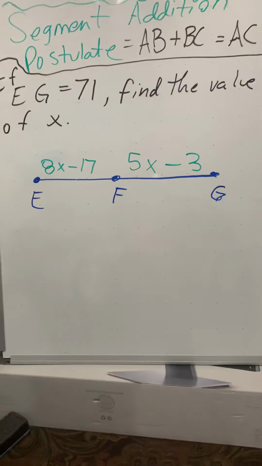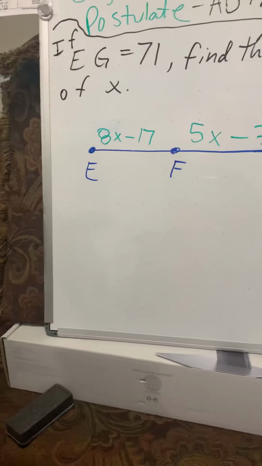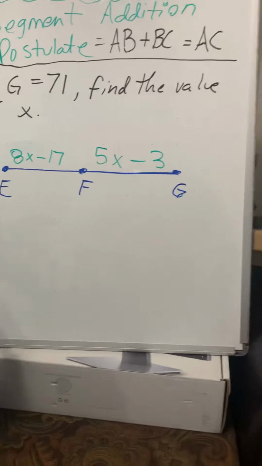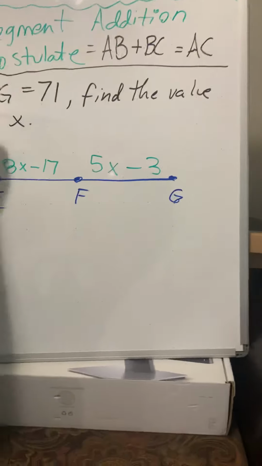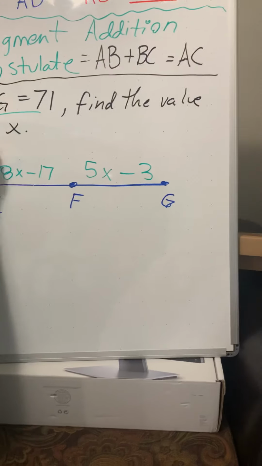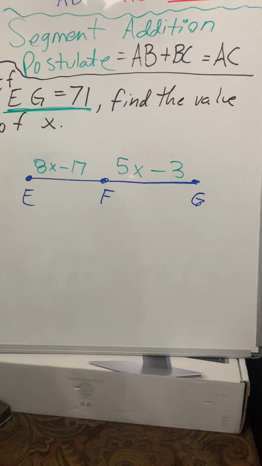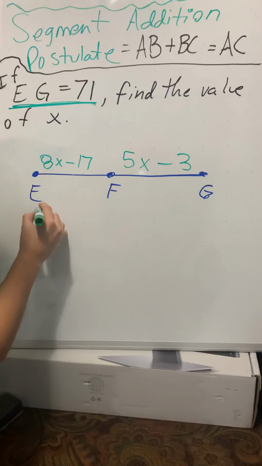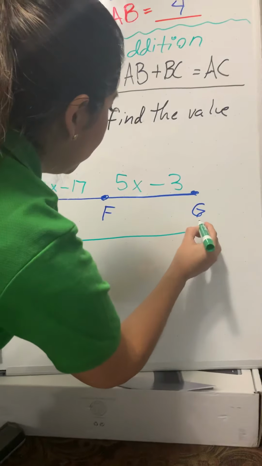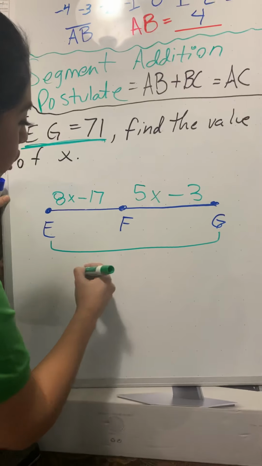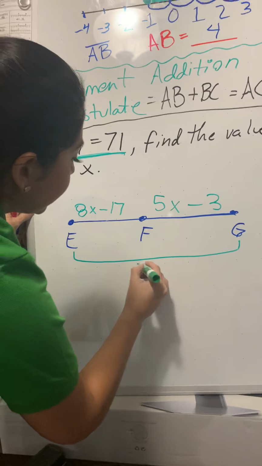Okay. So we know from the problem, so let's go back to the problem. It says if EG equals 71. So let's start by underlining the important stuff that is given to us. So EG equals 71. So we know EG, this is our total, is 71.